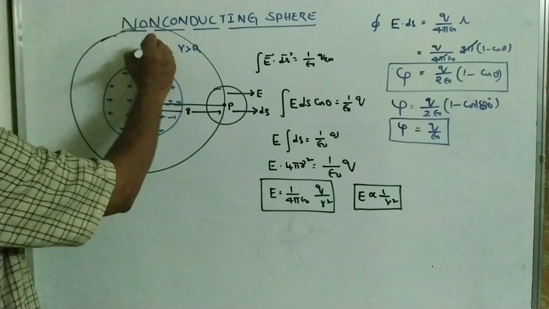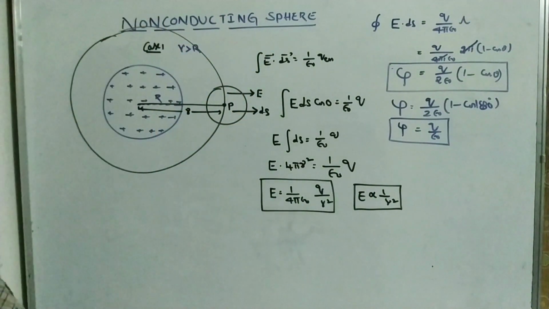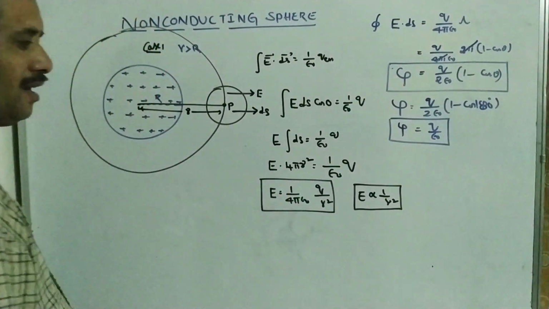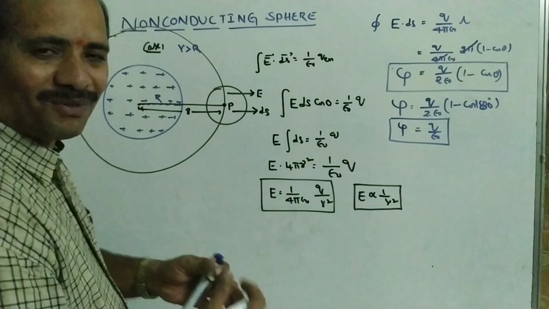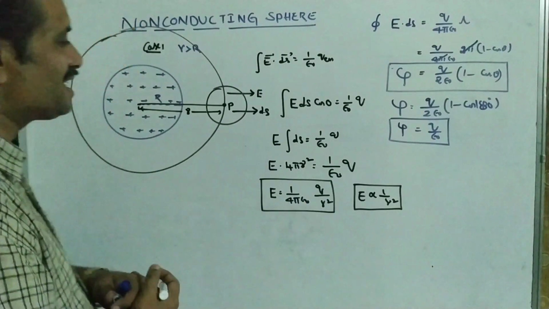Let it be case 1, because outside I am taking as case 1. You can understand very easily. Now let us calculate the potential at this point.